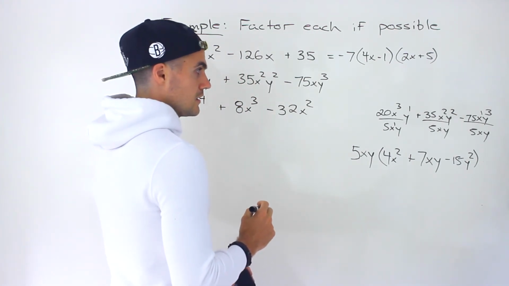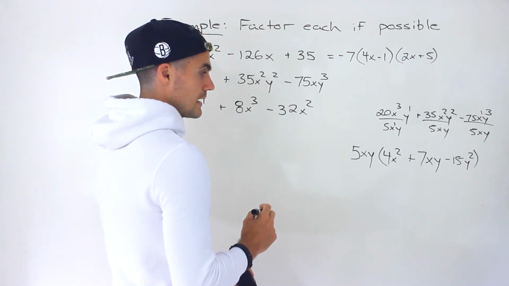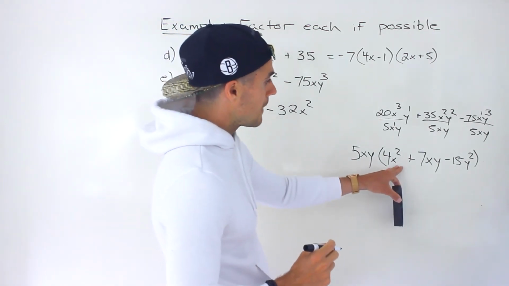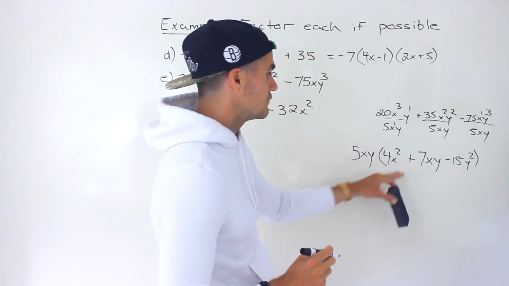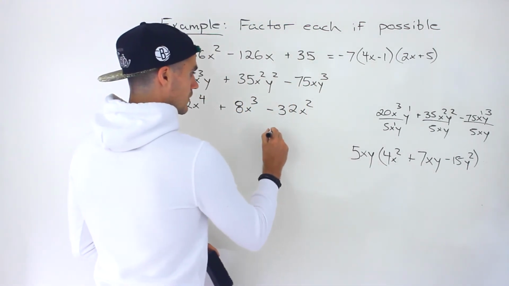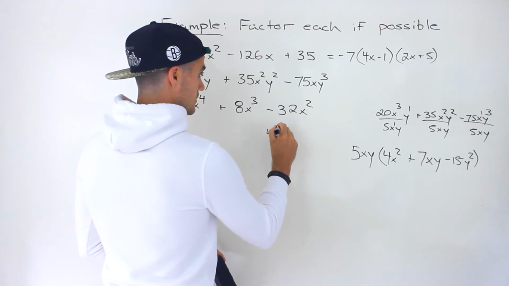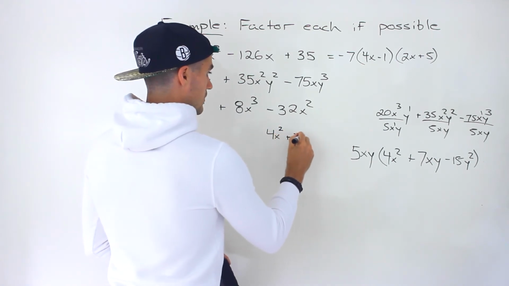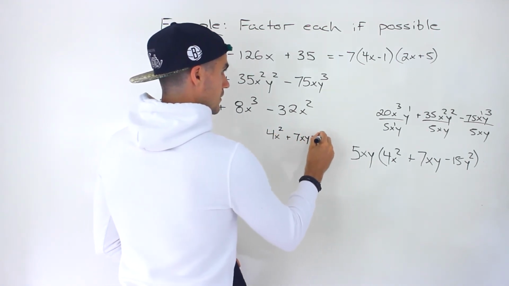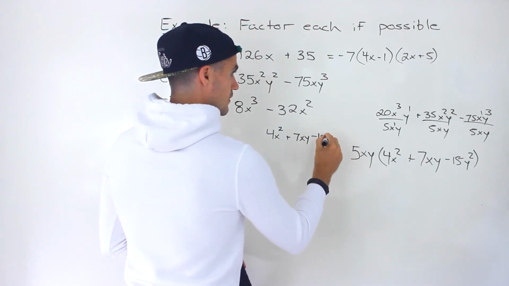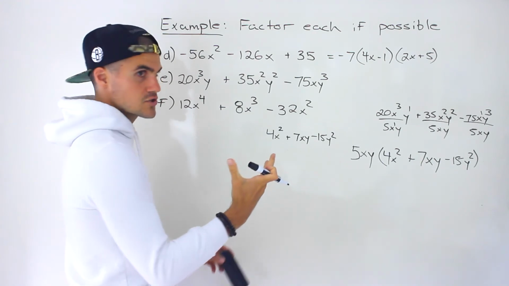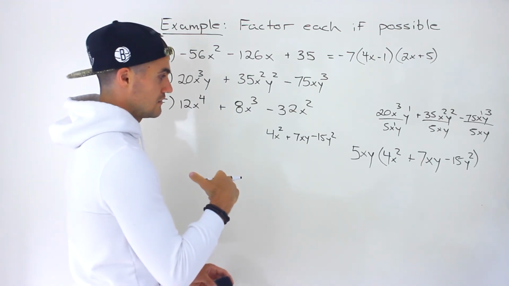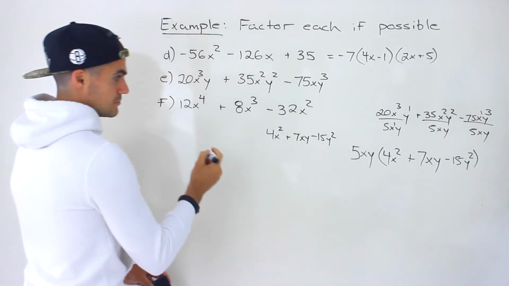Okay, and so from here, what we've got to do is see if this remaining bracket is going to factor. So notice it's a multivariable expression. Okay, but even these kinds of multivariable expressions, as we've shown in videos before, can potentially factor.